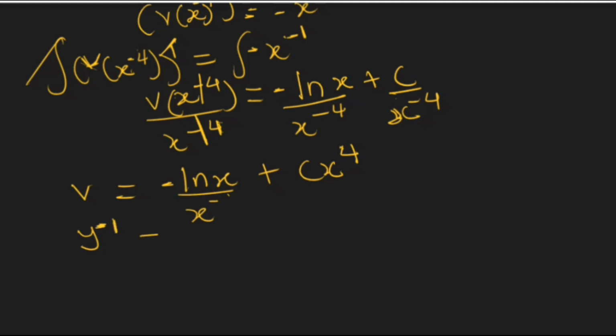And it's equal to all the terms you have on this right side: negative ln x all over x to the power minus 4, plus c x to the power 4.